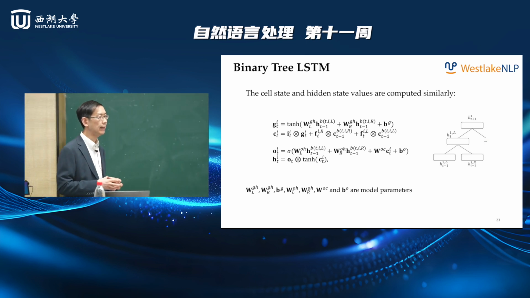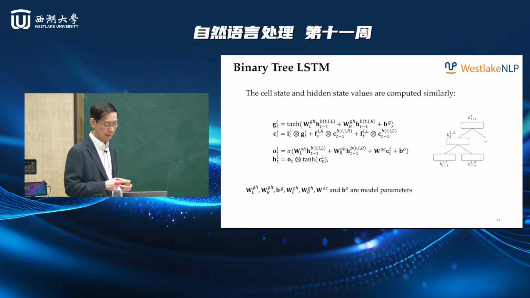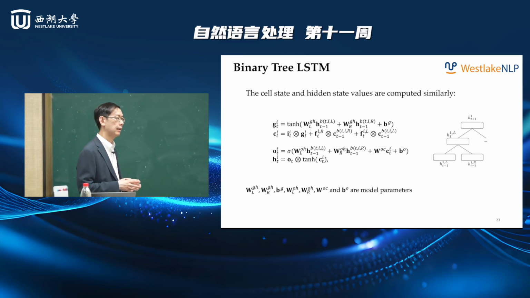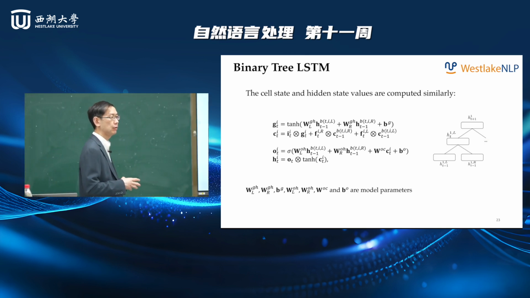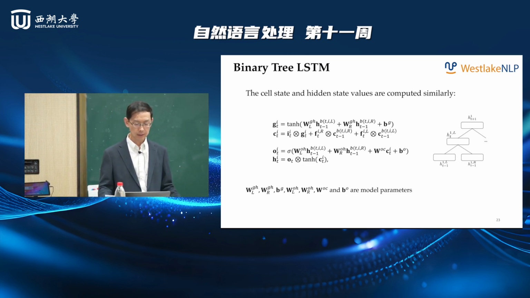A three-way gating mechanism. And then the output gate and the hidden state are computed just as in the sequential LSTM and child sum tree LSTM. All right, that's it.